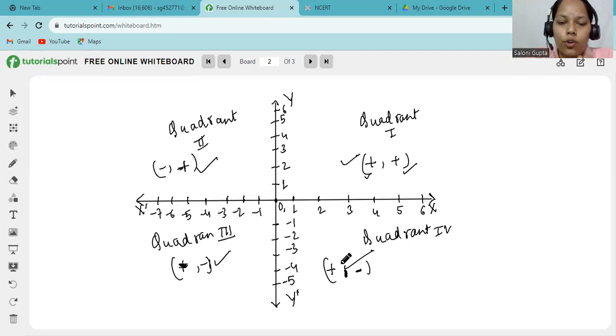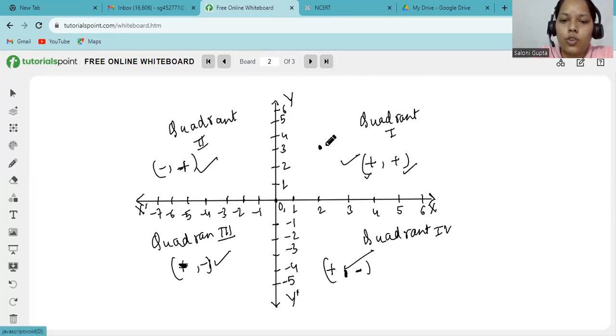Now what are this x coordinate and y coordinate I am talking about? The x coordinate is the perpendicular distance from the y-axis and the y coordinate is the perpendicular distance from the x-axis. Suppose I want to show a point here.